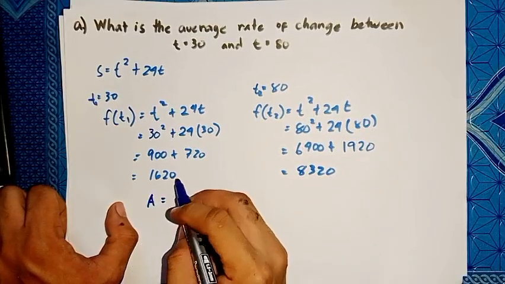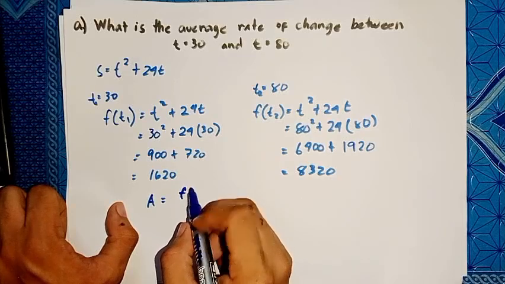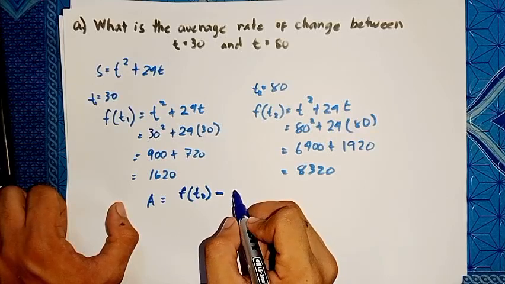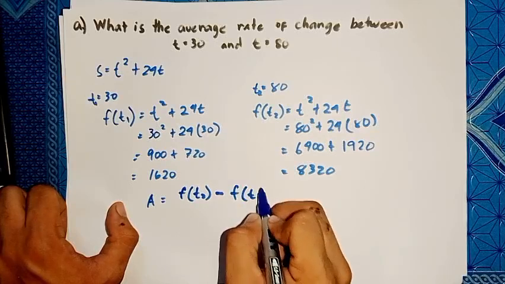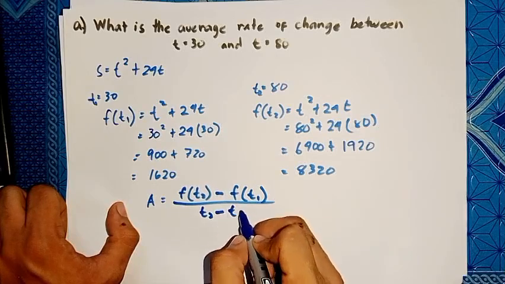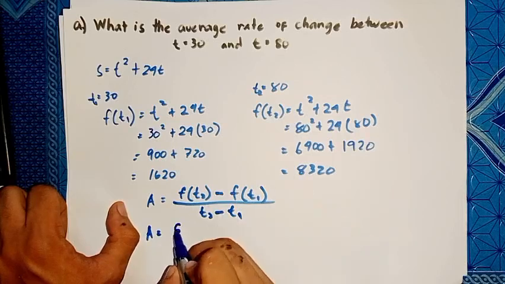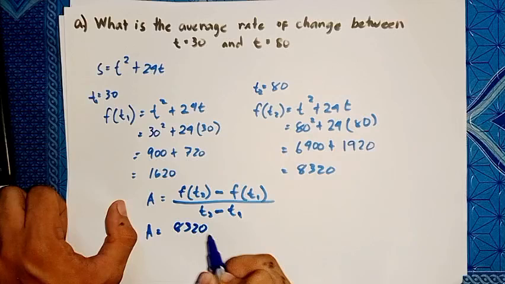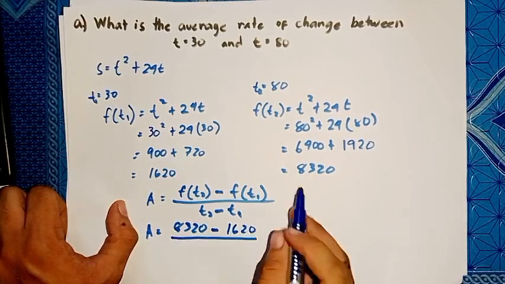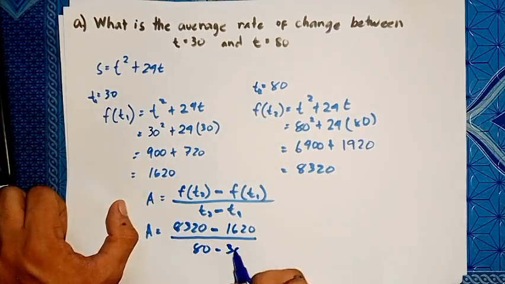Now, to get the average rate of change, let's have a formula. Average is equal to the value of f of t2 minus f of t1 over t2 minus t1. So average is equal to f of t2, we have 8,320 minus f of t1, we have 1,620, over our t2, which is 80, minus our t1, we have 30.